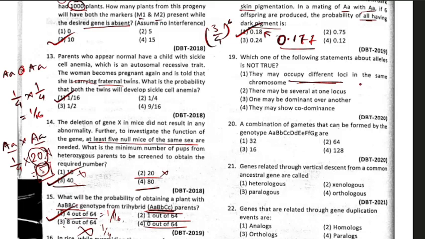This is absolutely incorrect, and we don't even have to read the other statements. But still, they may show codominance. That's true. They may be dominant over another. That's true. They may be several at one locus. That's also true. That is multiple allelism, like ABO blood group.